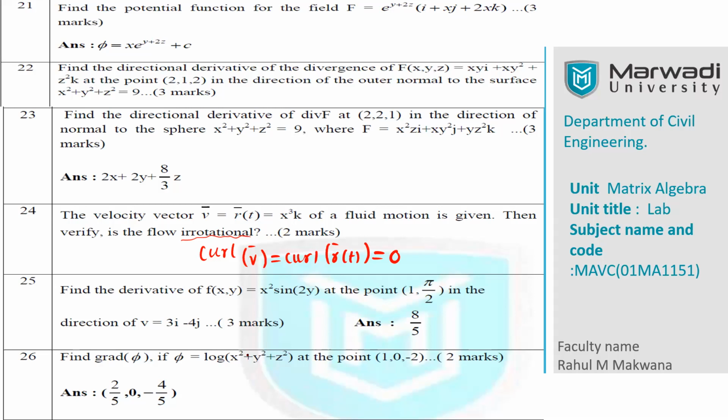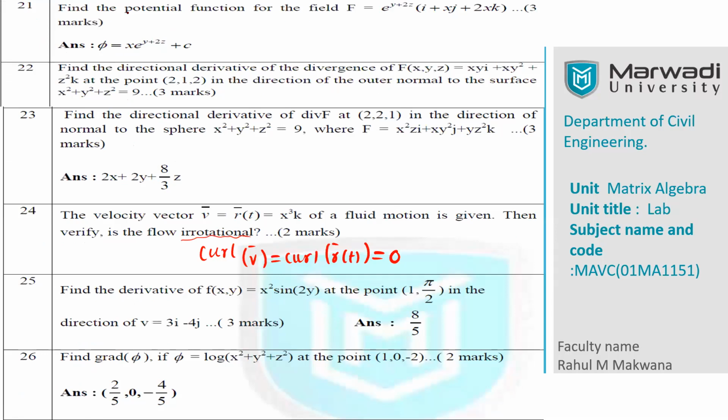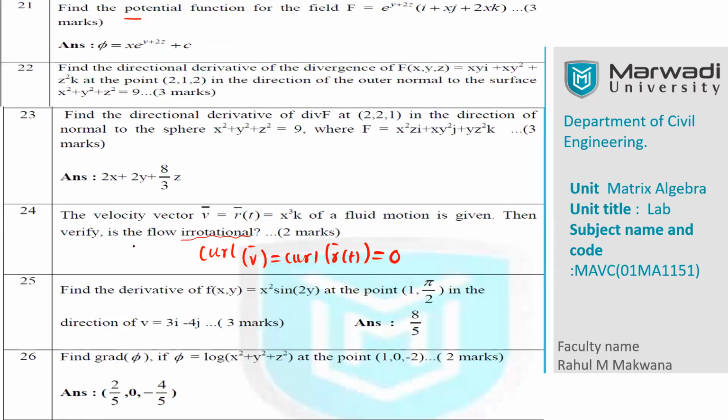So 15 is a scalar potential function. 20 scalar potential function. We will see later on. Okay.